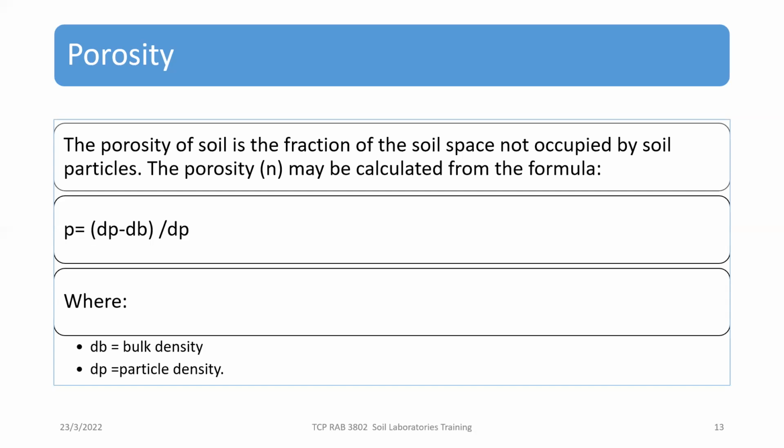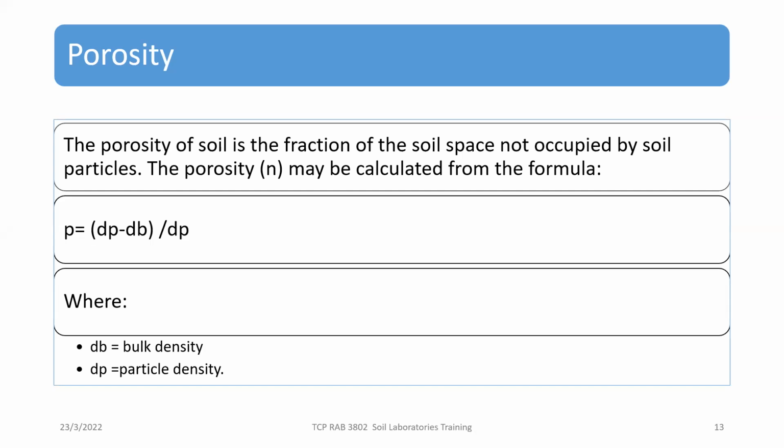And porosity is, of course, a very important physical property because it indicates the physical soil condition, and this has a great influence on availability of water and also availability of air.